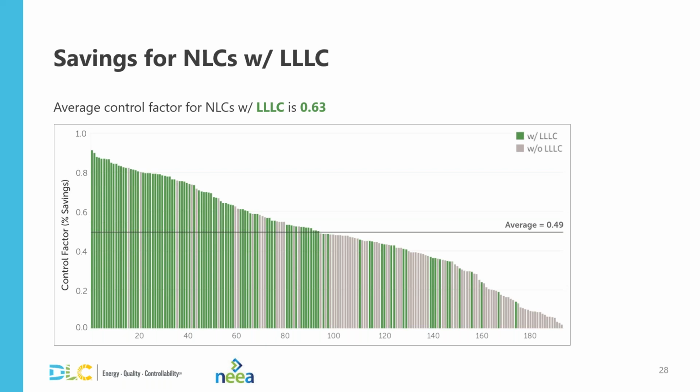So the analysis can be further improved in the future by having more comparable numbers of data sets of NLCs with and without LLLC within each building type, and having more diverse representations of NLC manufacturers, both with and without LLLC.